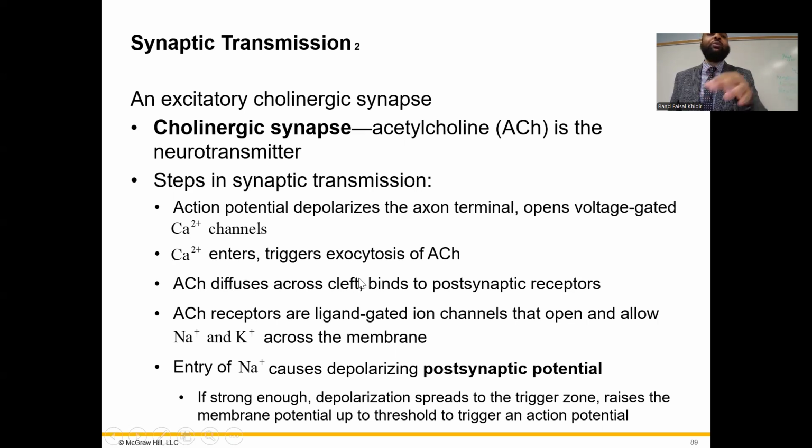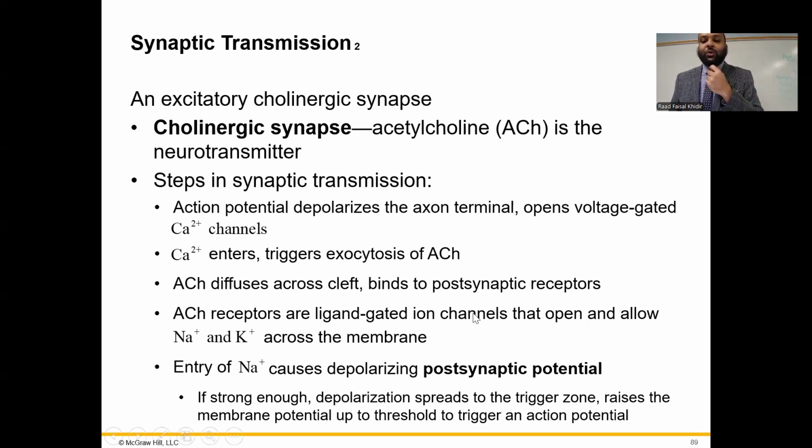Acetylcholine diffuses across the synapse, binding to postsynaptic acetylcholine receptors. These receptors are themselves ligand-gated ion channels that open and allow the influx of sodium and the efflux of potassium, initiating an action potential at the postsynaptic terminal.